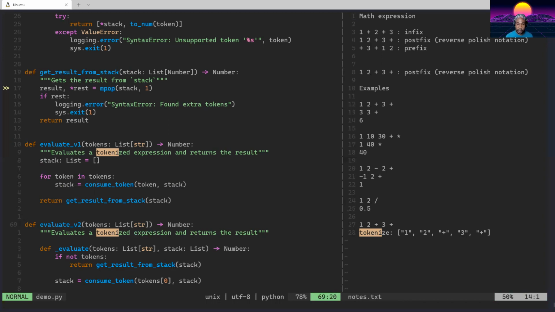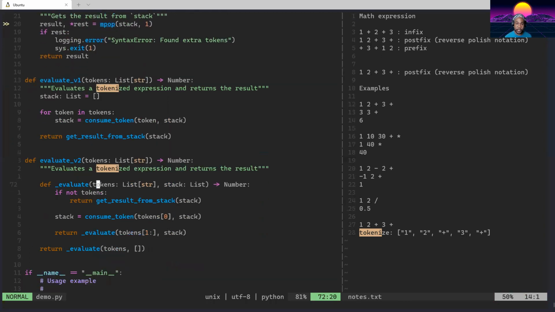So we are preserving the same interface where we take a list of tokens and we want to return a number. But within that, we define a function that's meant to be recursive, right?